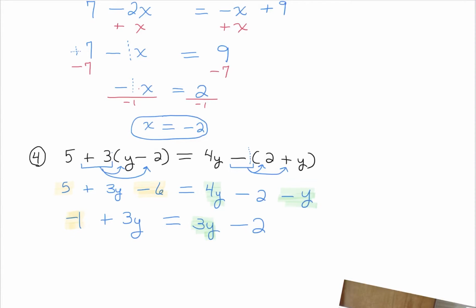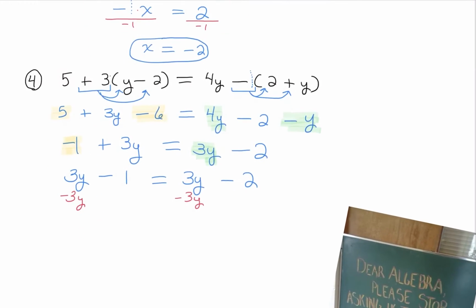But now I'm at this point where I have, I'll even rewrite this as 3y minus 1 equals 3y minus 2. So let's think about this for a second. If I tried to get my y terms together on one side, that would involve, right now, if it's an implied plus 3y, subtracting 3y from both sides.